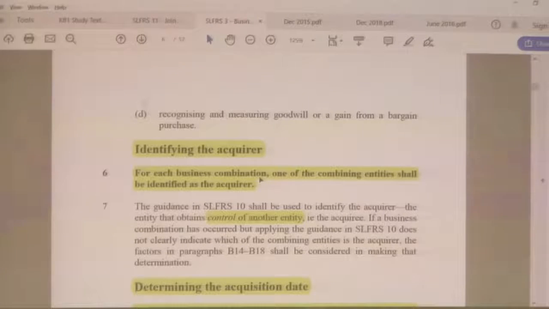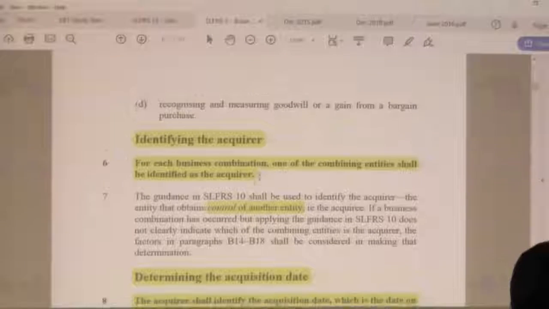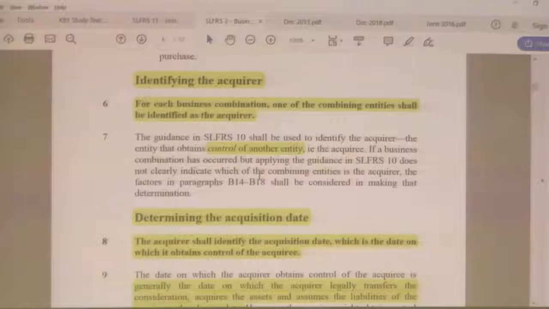So before that, we'll conclude the acquirer. Identifying an acquirer means identifying the parent company. How do you identify the parent company, right?